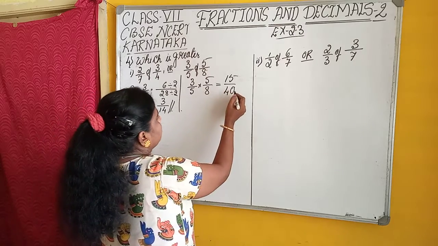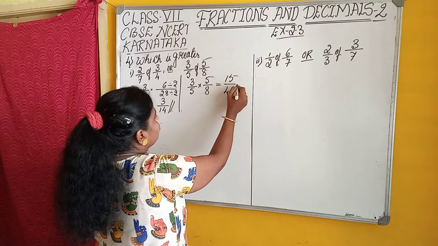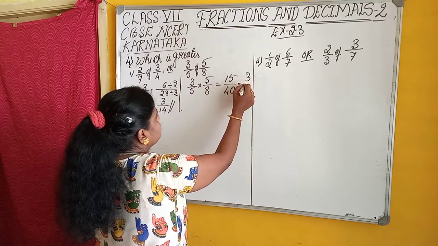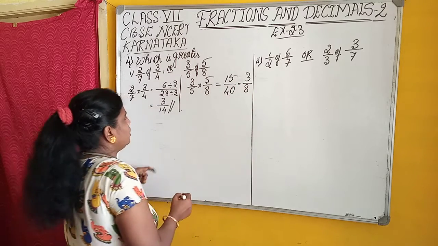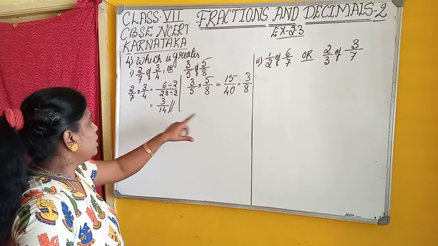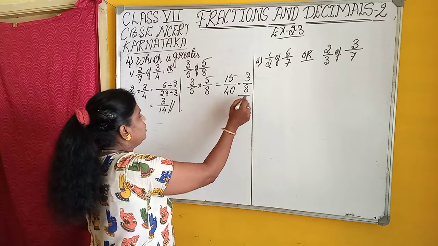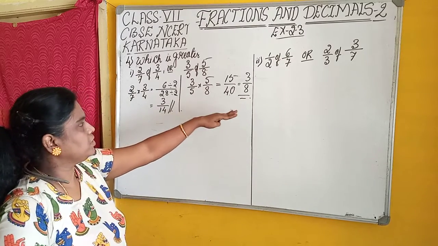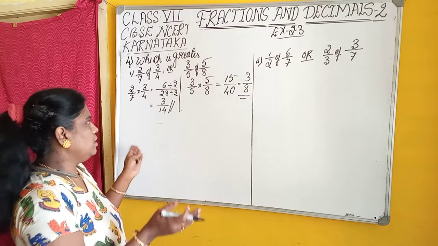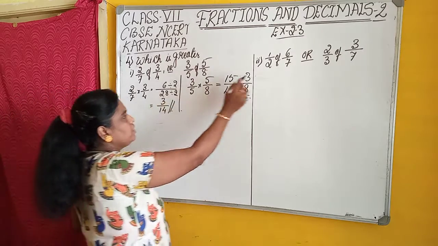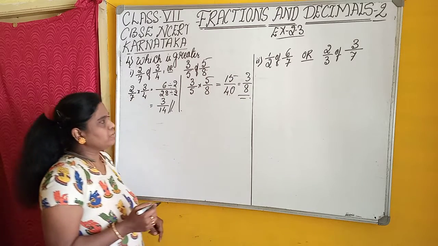Here both are divided by 5: 5 3s are 15, 5 8s are 40, so 3 by 8. Here we got the denominators different, 14 and 8, and we can easily tell directly that the numerators are the same, isn't it?